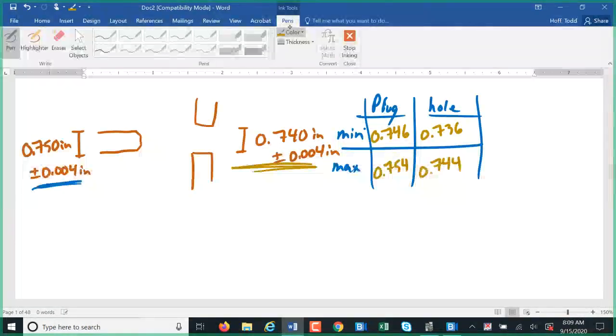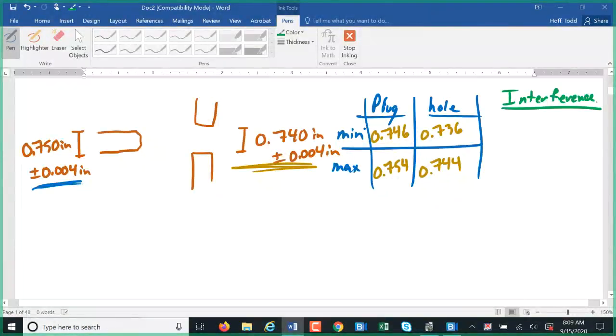Now, when we look at our interference, our minimum interference is when the plug is small and the hole is large. What's the difference there? 2/1000ths.